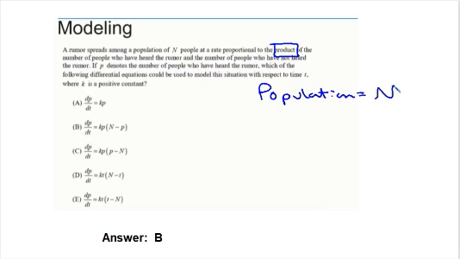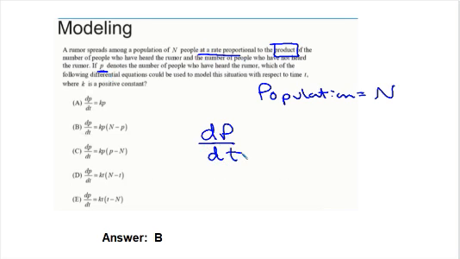If P denotes the number of people who have heard the rumor, which of the following differential equations could be used to model the situation with respect to time t where k is a positive constant? So it spreads at a rate proportional. So that sounds like dP/dt.